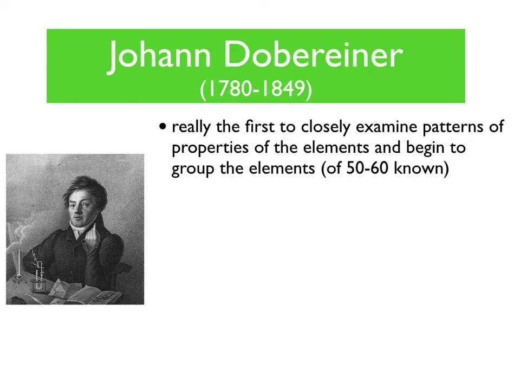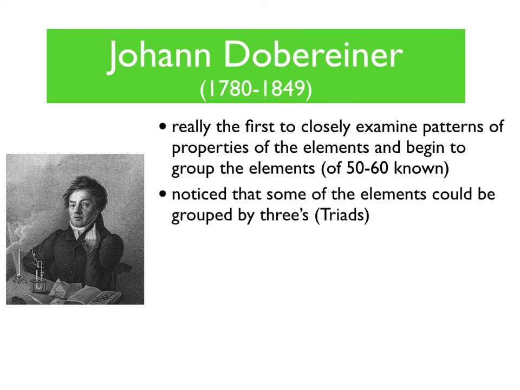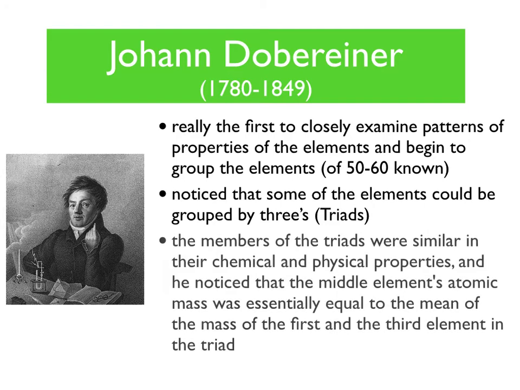And he devised a grouping plan known as triads. He noticed that you could take elements and group them in threes. And he called these threes triads. And the members of the triad, he noticed, had very similar chemical and physical properties.